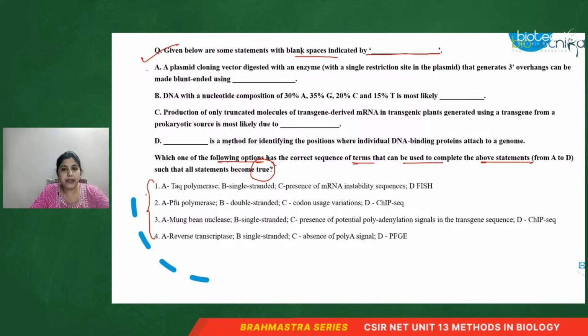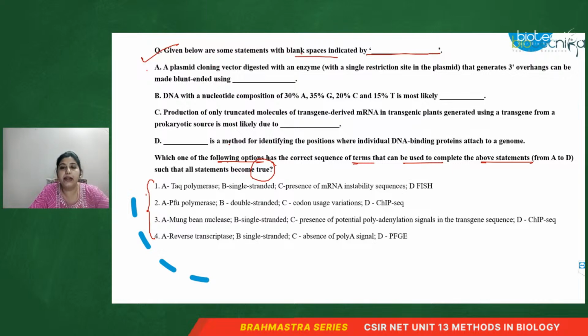Go through each statement one by one, and see the options as well, and then based on that answer the question. The statements given are not very difficult if you know the concepts. If you have studied the Chargaff rule, the polymerase enzymes, you can easily answer this question.